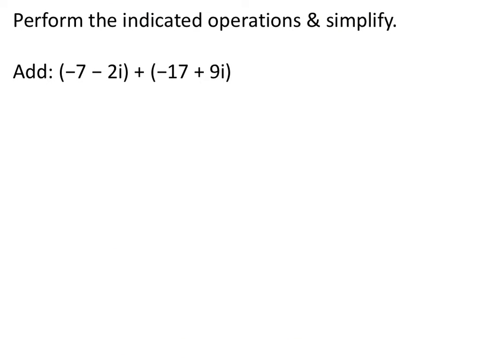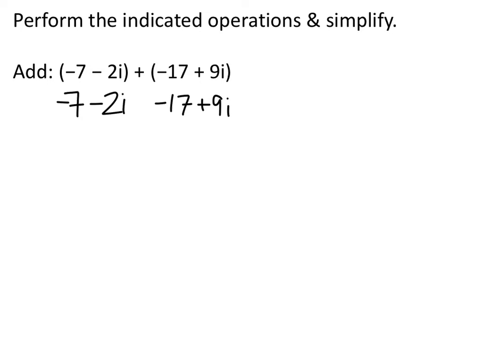Perform the indicated operations and simplify. Again, this is just combining like terms, no multiplication on these. So we still don't have to worry about that i squared business, but we will in a moment, and that's okay. Rewriting this, we've got -7 minus 2i plus, since it's just addition, it's really plus -17 plus 9i.